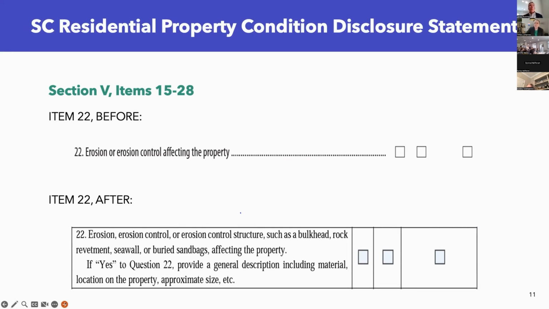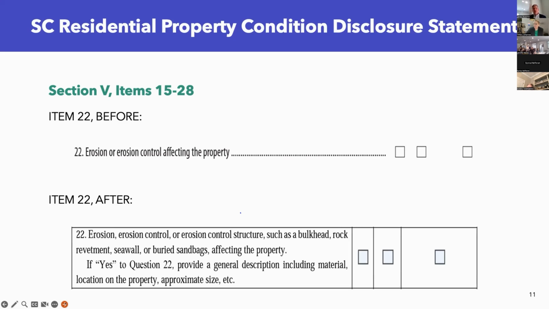Item 22 before said erosion or erosion control affecting the property. We've again beefed up our definition of what is encompassed by number 22. Erosion, erosion control structure, such as a bulkhead, a rock revetment. Does anybody know what that is? I don't. What's a bulkhead?